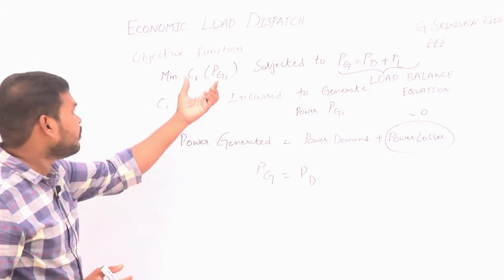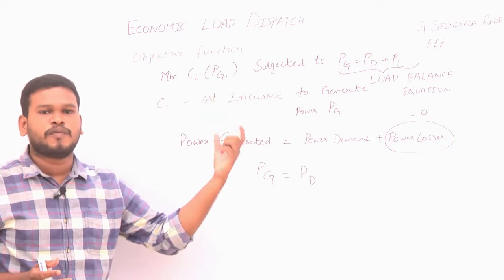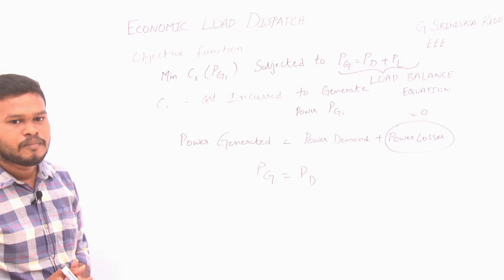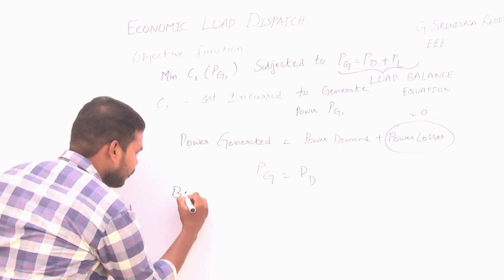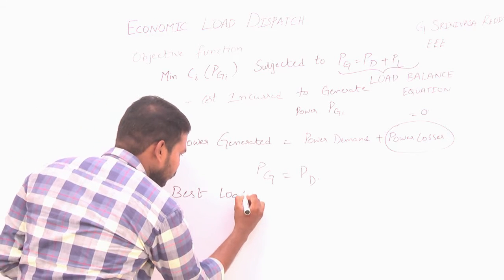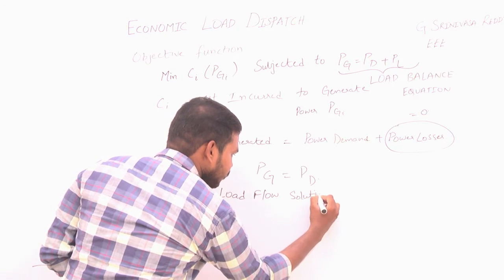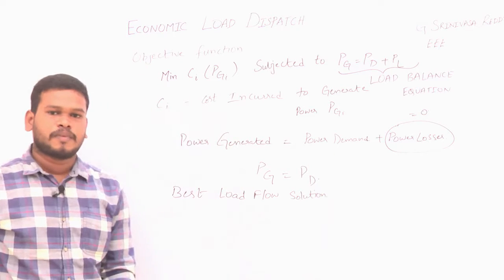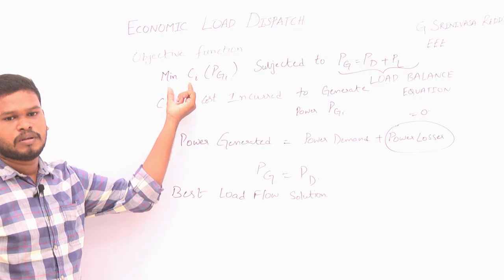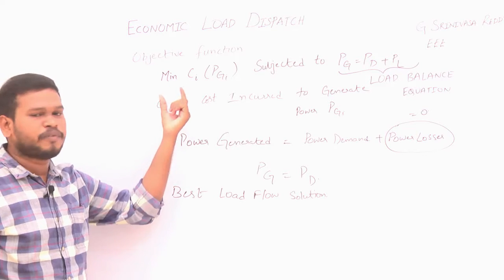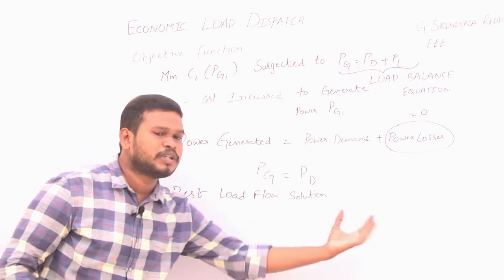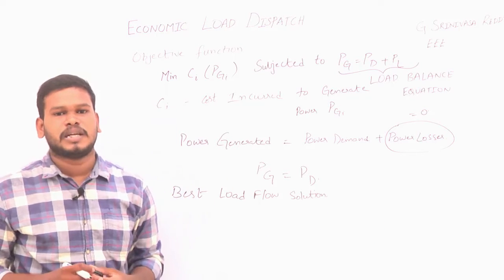Now from this, how can you get the best load flow solution? Not only the cost, but we need to see the best load flow subjected to some different constraints.